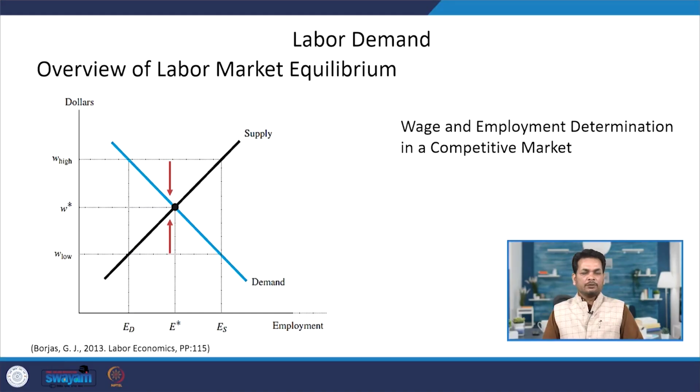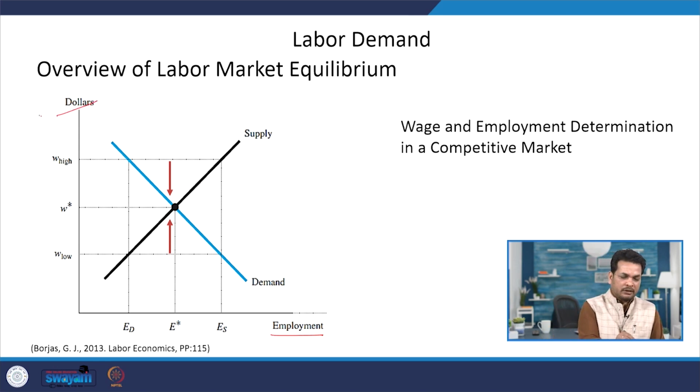So, if you look at this graph, on the x axis we have taken the number of employment, on the y axis we have taken the wage, which is measured in dollars. We have considered the supply curve which is upward sloping, which means the substitution effect is more dominant than the income effect.